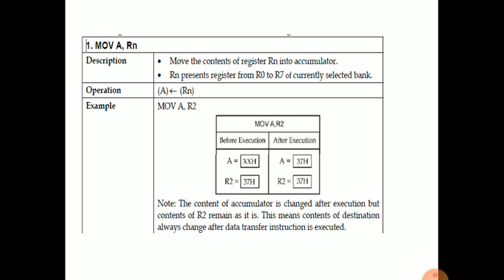After successful execution, the destination will have the contents of the source. So obviously the contents of the destination will change between before and after execution of this instruction. That is a very important point we should consider. So this is the first instruction in the data transfer type, MOV A, Rn, with the generalized register, that is R0 to R7.